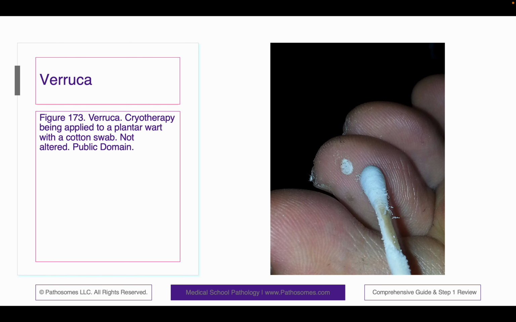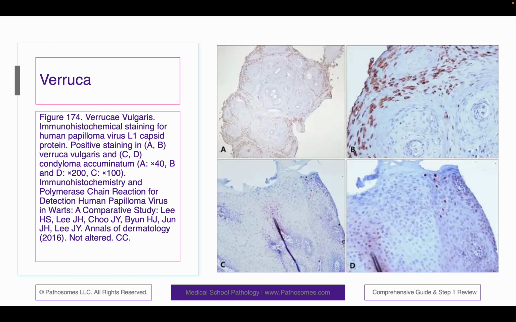And cryotherapy being applied to a plantar wart, right, to treat them. You future family medicine doctors out there in the clinics, you'll probably be doing this. And IHC is not typically utilized for verruca. This is probably done in a research setting.